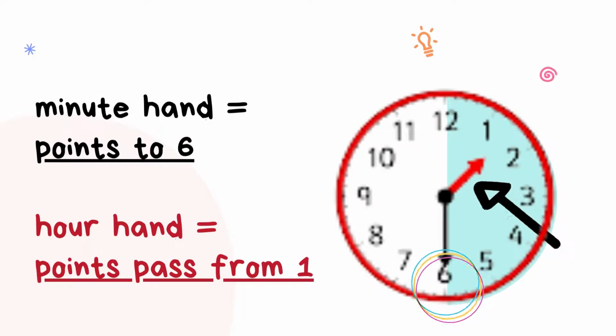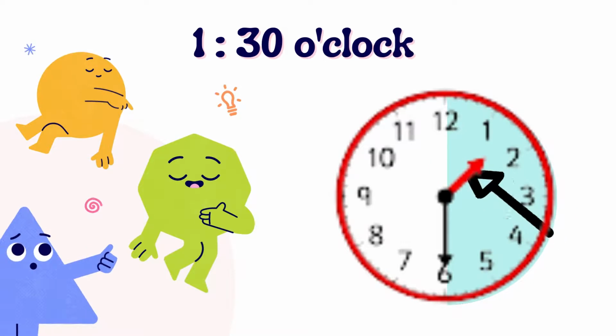Now, how about this one? The minute hand has moved to number 6, and the hour hand points past number 1. Usually, we will say the time for this clock face as 1:30 o'clock.